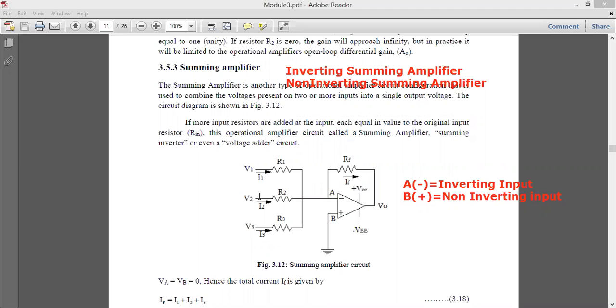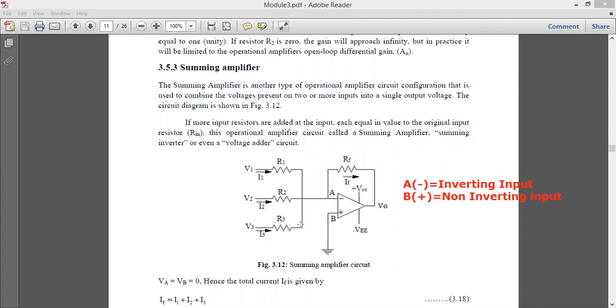This particular diagram is for the inverting summing amplifier. What does this summing amplifier consist of? Three voltages V1, V2 and V3. For three voltages we have three respective resistances R1, R2 and R3.